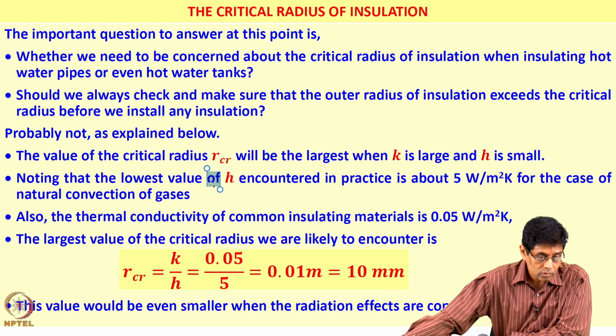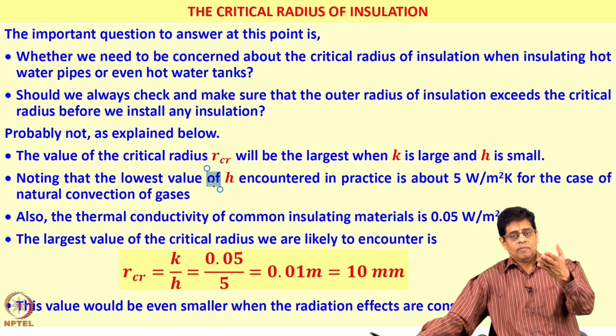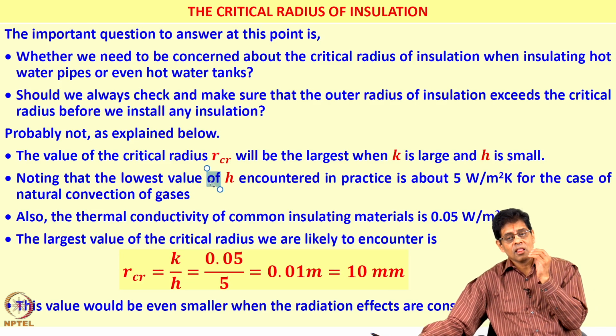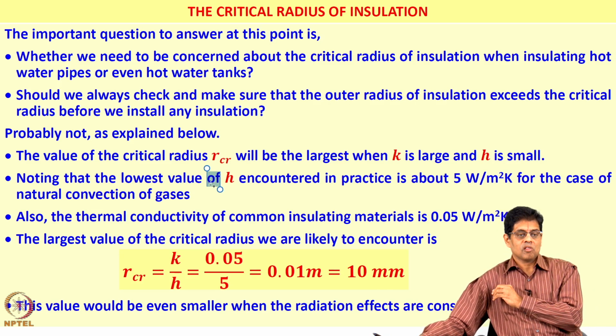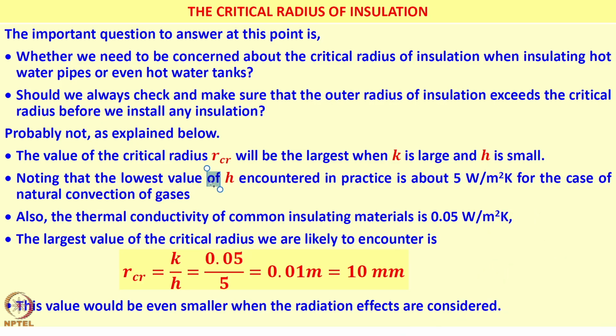Critical radius of insulation, some more points are there. Make sure that the outer radius exceeds the critical radius of insulation. Some explanation: it depends on the thermal conductivity. If you take radiation into consideration, that would actually increase the h.